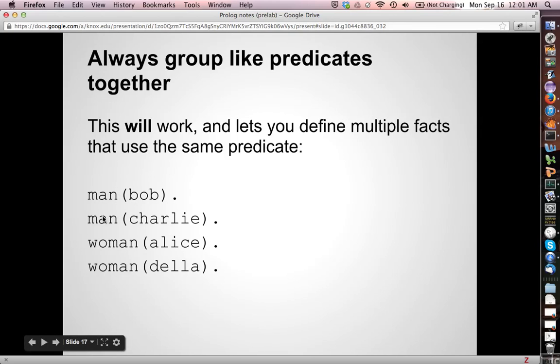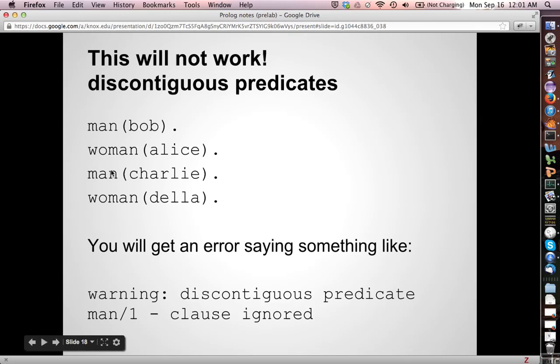So you want to have all your man predicates together, all your woman predicates together, and so on. If you intersperse them, you're going to get an error saying something like discontiguous predicate man/1. This means the man predicate that takes one argument is discontiguous because it's got something else in between it, and Prolog doesn't allow that at all.